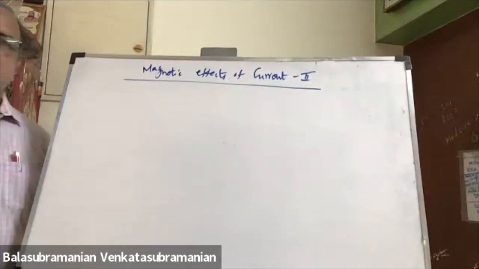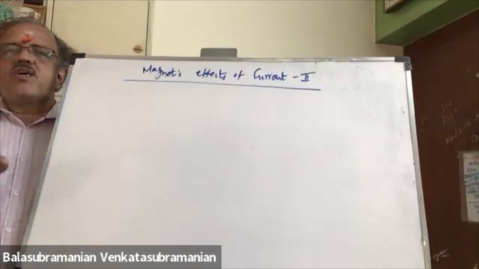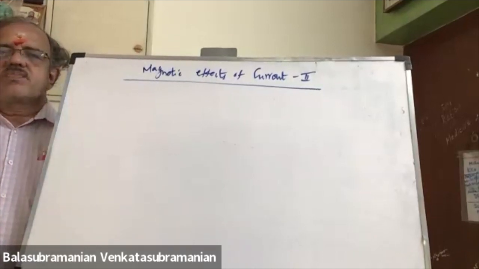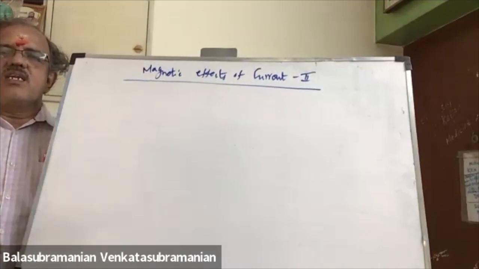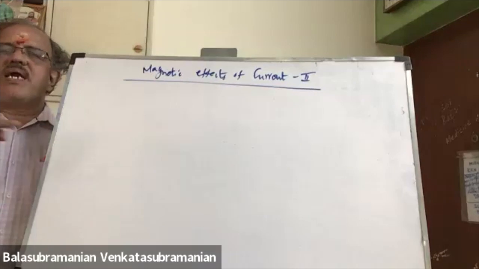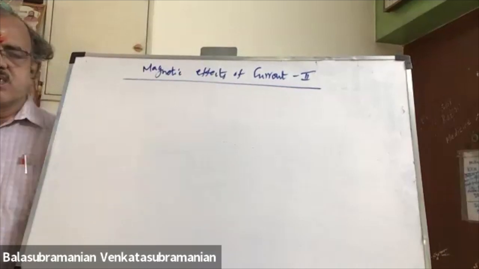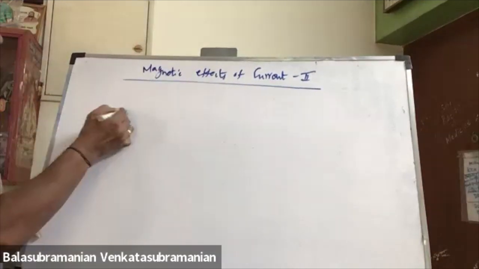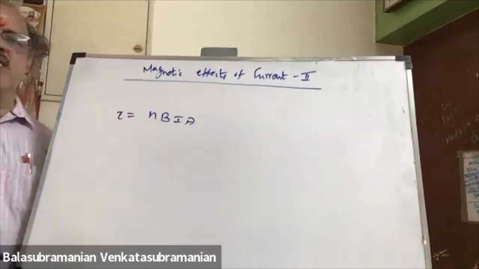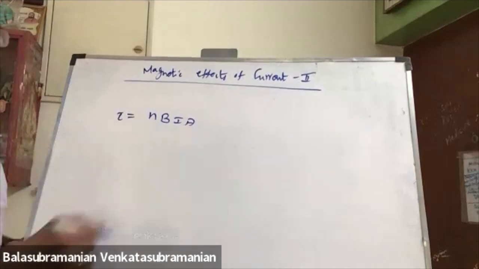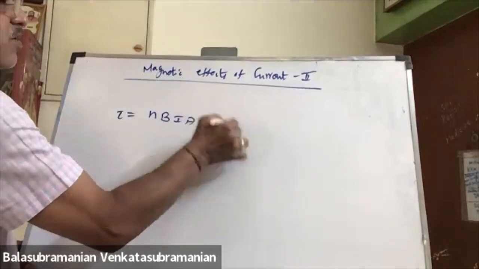Then moving coil galvanometer. Torque experienced by a rectangular coil carrying current placed in a magnetic field. Torque tau experienced by a coil when it is placed in a magnetic field is N B I A sin theta.